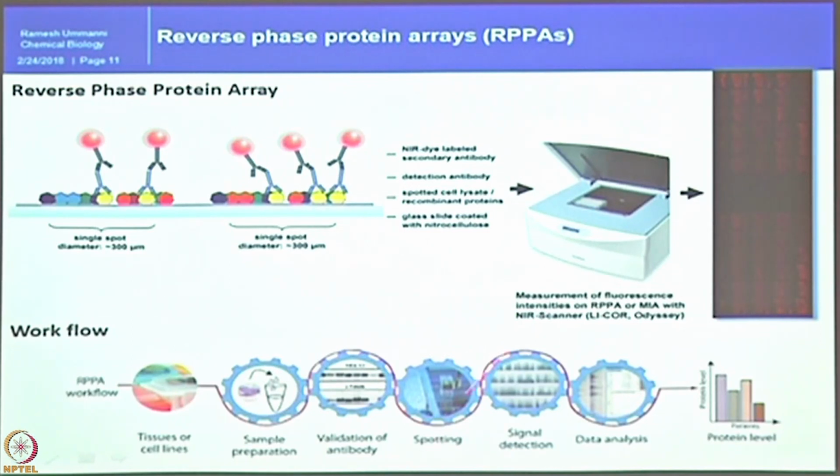Then spotting pattern, spotting methods, signal detection methods, how different methods are advantageous over one another, and finally data analysis and what kind of data we see, and I will show 1 or 2 examples of how we generated the data and how they are useful in literature.